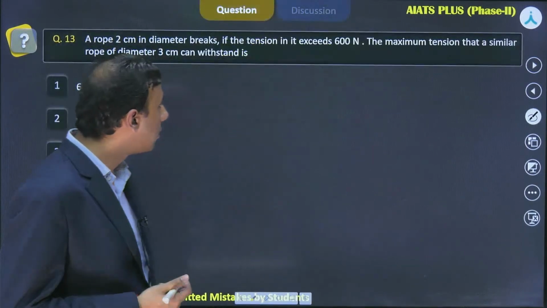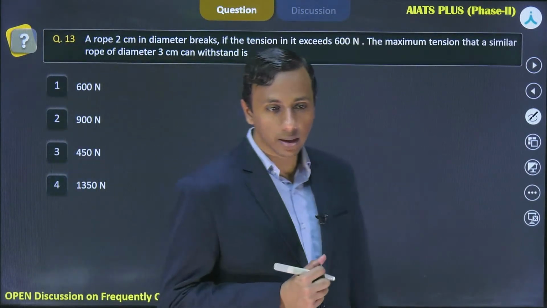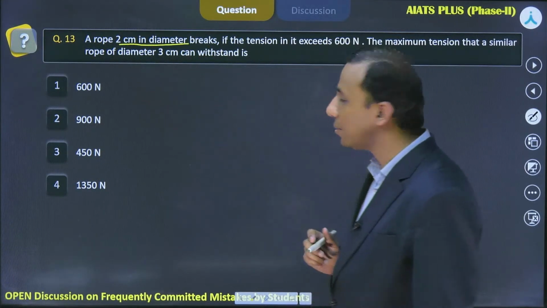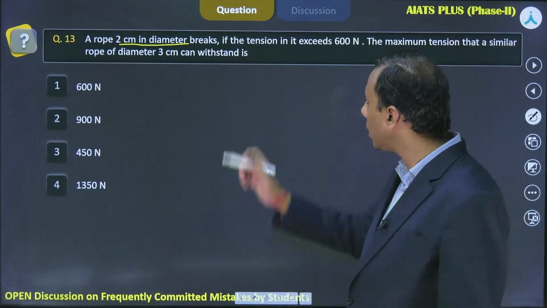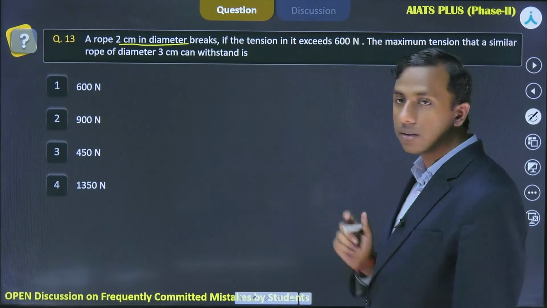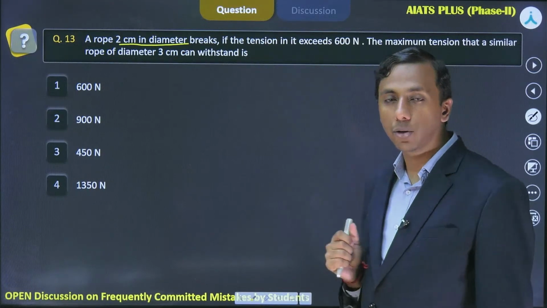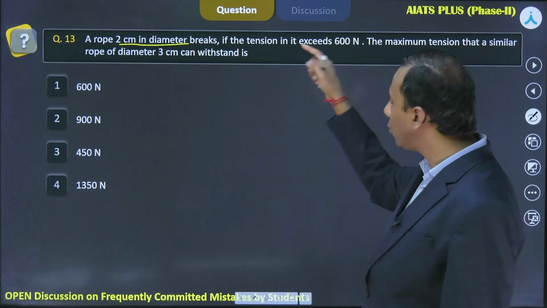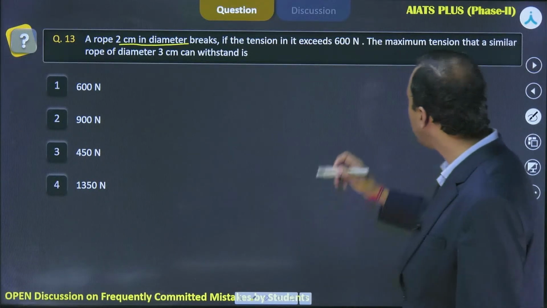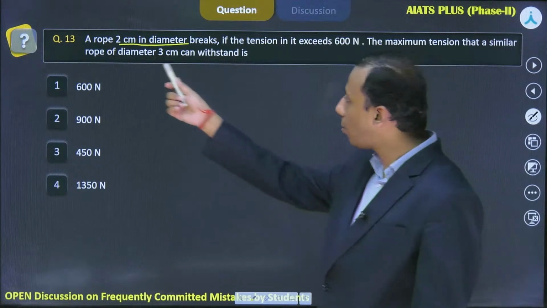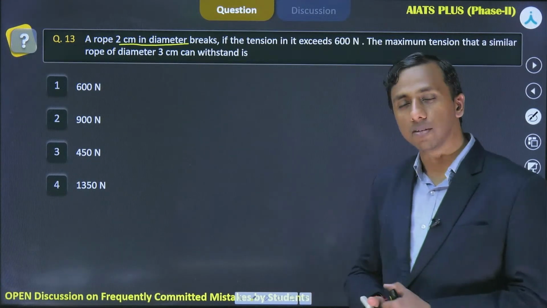Okay, so let's see this question. A rope 2 centimeter in diameter breaks. They've already said it breaks if the tension exceeds 600 Newton. So this is the force that is trying to break the wire, right? So due to this force, you get the breaking stress. And find the maximum tension that a similar rope of diameter 3 centimeter can withstand.